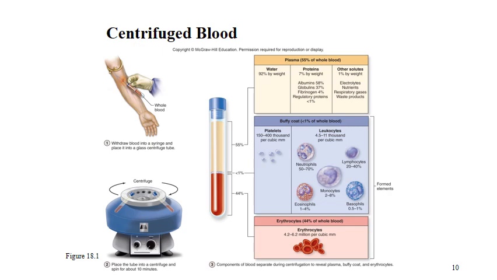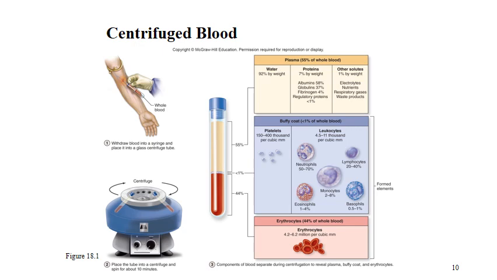And that's what we're going to have some fun looking at. Our plasma is going to have mostly water within that 55% of whole blood, and then a lot of proteins, which are going to be those parts that help with our immunity, and then of course those other pieces like electrolytes and waste products and nutrients.